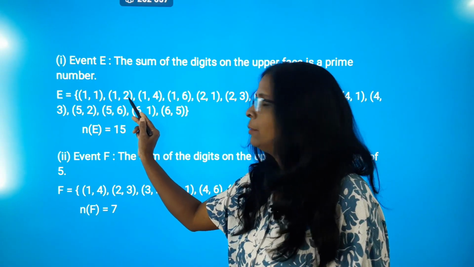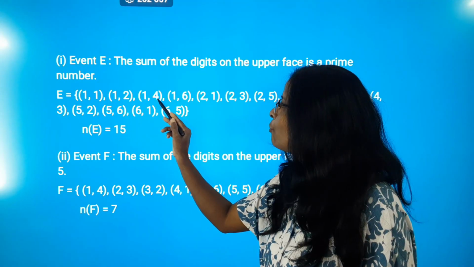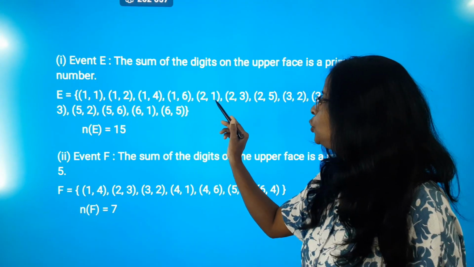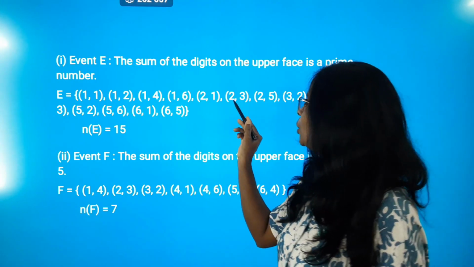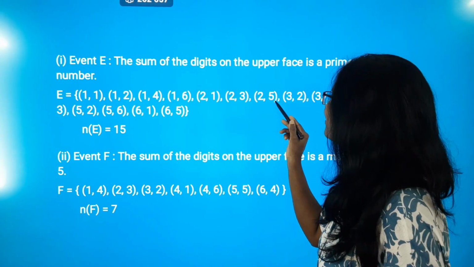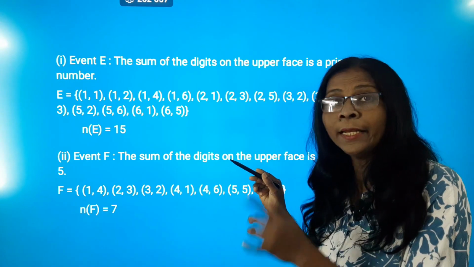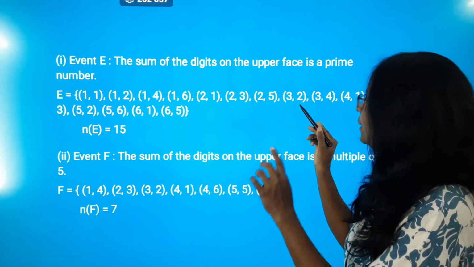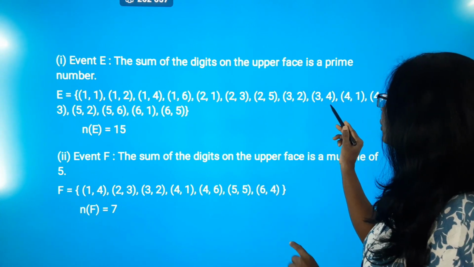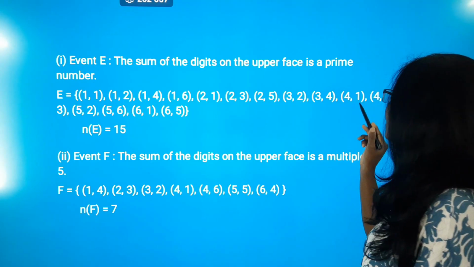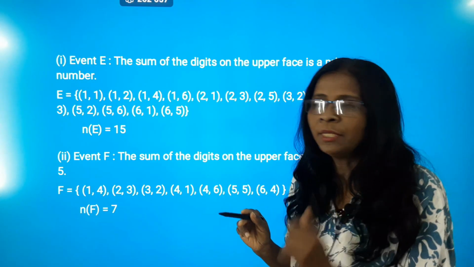1 plus 2, prime number. 1 plus 4, prime number. 1 plus 6, prime number. 2 plus 1, prime number. 2 plus 3 is 5, that is a prime number. 2 plus 5 is equal to 7, it is also a prime number. 3 plus 2 is 5, prime number. 3 plus 4 is 7, it is also a prime number. 4 plus 1 is 5, prime number.